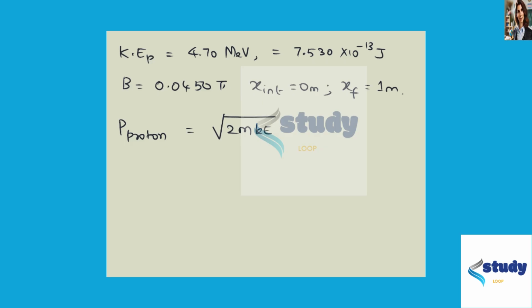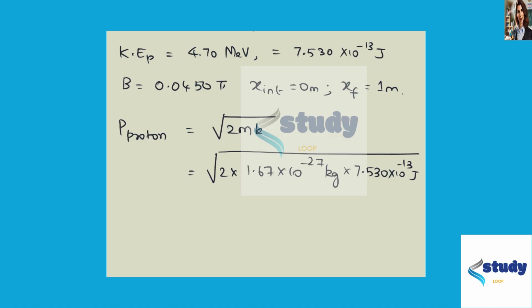The mass of the proton is 1.67 × 10^-27 kg, and K is 7.530 × 10^-13 joule. When calculated, we get the momentum of the proton as 5.015 × 10^-20 kilogram meter per second.